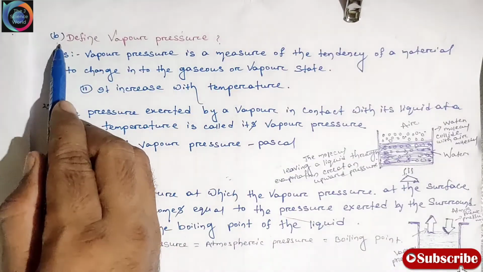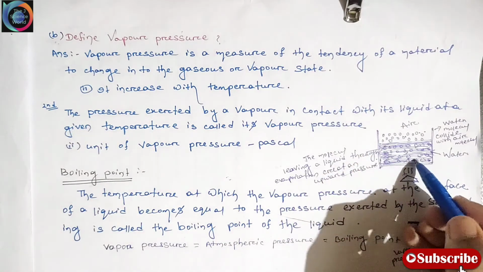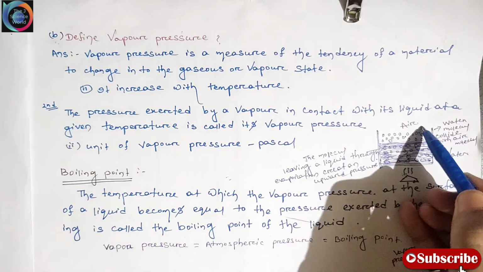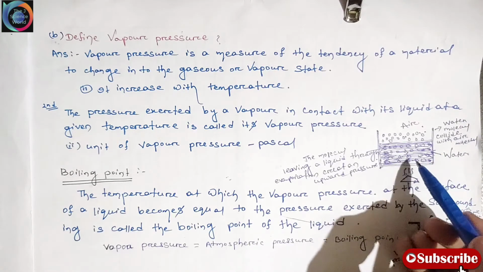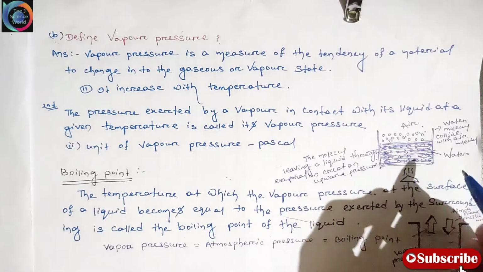This is question number B. Define vapor pressure. Friends, we simply take some water in a pot. This is our water, this is air. When we heat the water it changes into vapor. The molecules leaving the liquid through evaporation create an upward pressure.